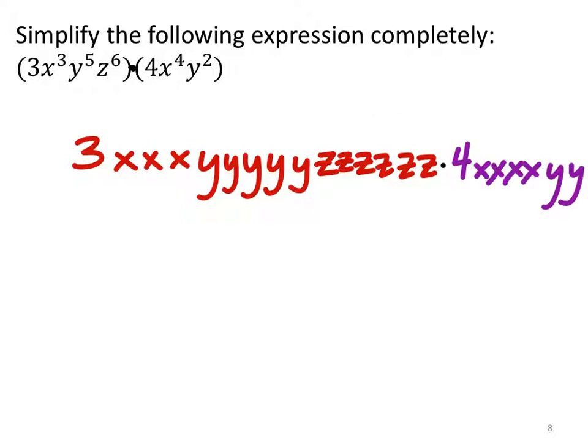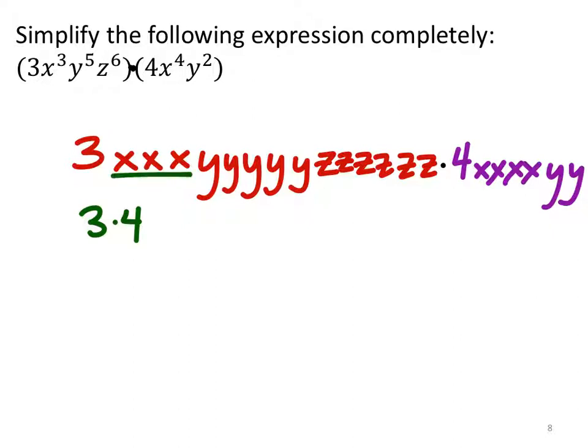Now all this is repeated multiplication. Just for this example, because we're kind of introducing this, I'm going to use the commutative property of multiplication to rearrange this so that terms that are similar are next to each other. For example, the 3 and the 4, those are both numbers, so I can move them closer together. That's 3 times 4. Next, I'm going to work on the x's. So I've got these 3 here.